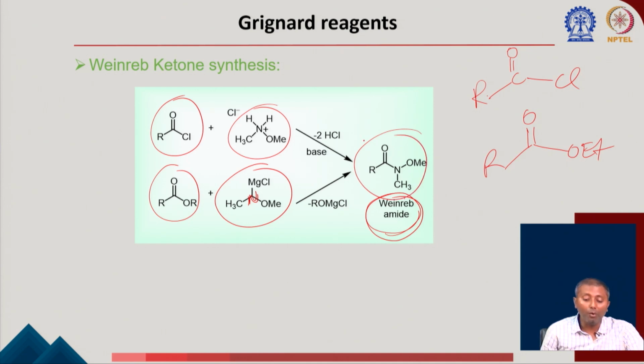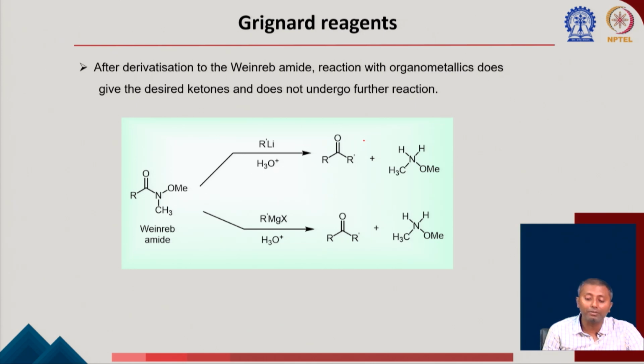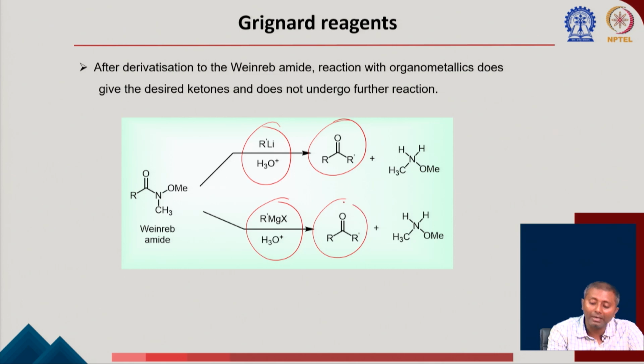Now once you form the Weinreb amide and treat it with the corresponding organolithium or Grignard reagent, we found out that after the reaction, once you do workup, in every case we end up getting this ketone as a product. We isolate this as a product. So what is happening here?